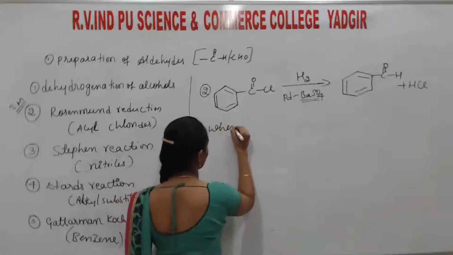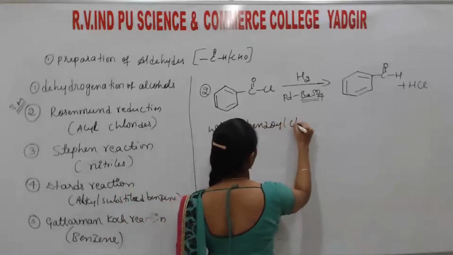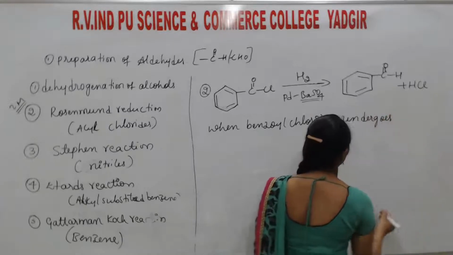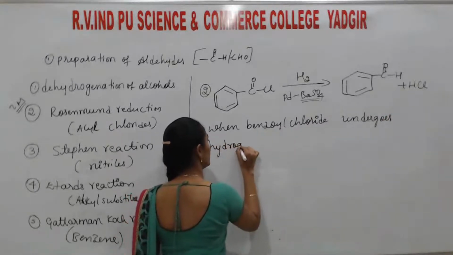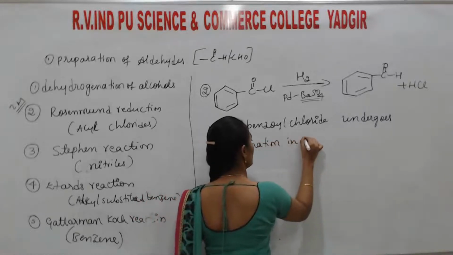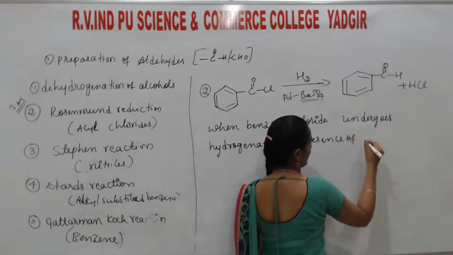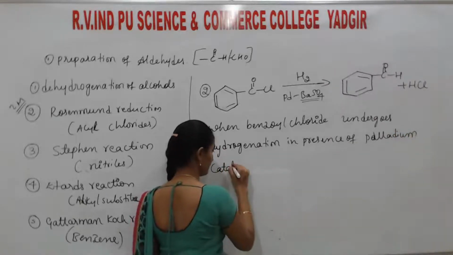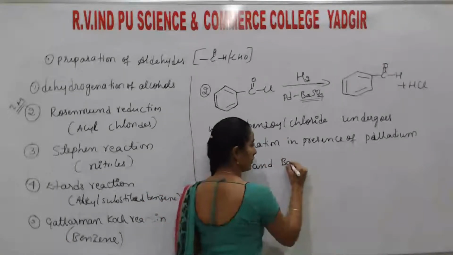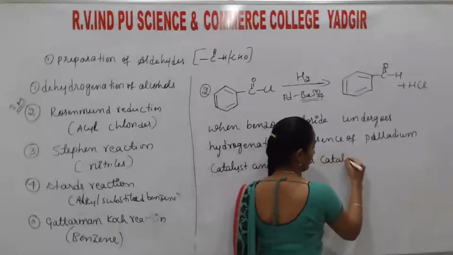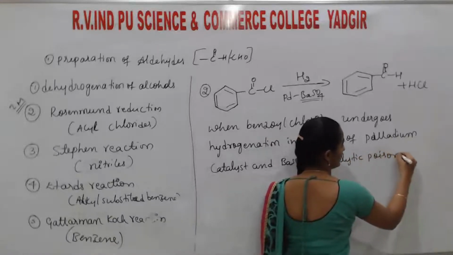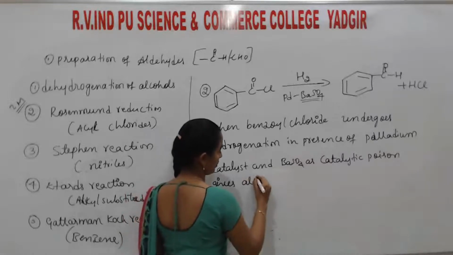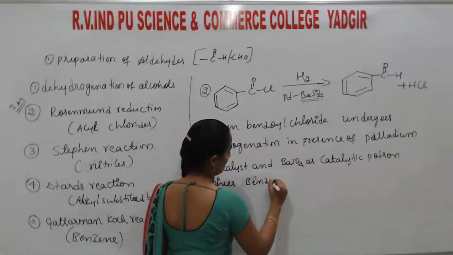When benzoyl chloride, especially benzoyl chloride only, undergoes hydrogenation in presence of palladium catalyst and BaSO4 as catalytic poison, it gives benzaldehyde.